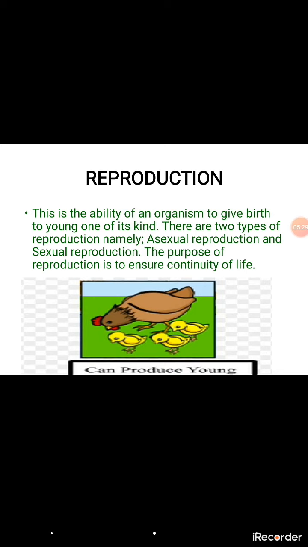We have asexual reproduction involving only one organism reproducing its kind, and then you have sexual reproduction which involves two organisms coming together to reproduce their kind. And the purpose of reproduction is to ensure continuity of life. I'm here today because of reproduction, and you guys are able to listen to me because of reproduction.